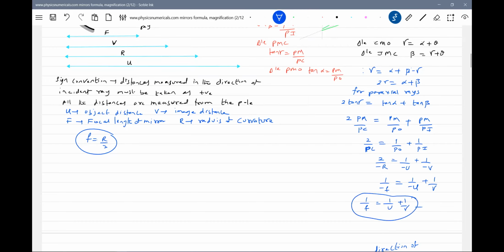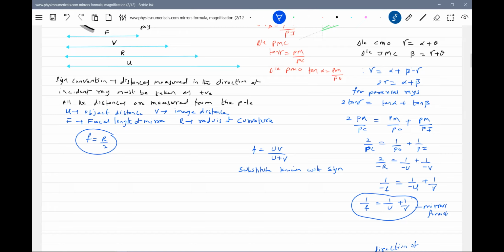this is our mirror formula. You can write it in various forms. F is equal to UV by U plus V, where you substitute the known values of U and V with sign.